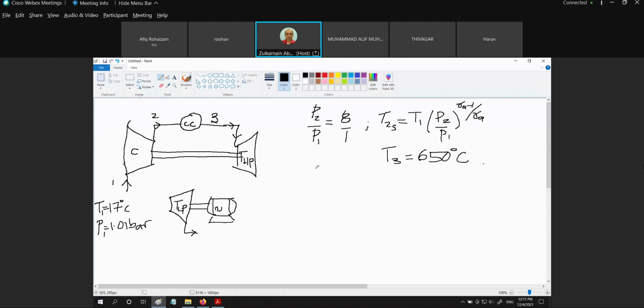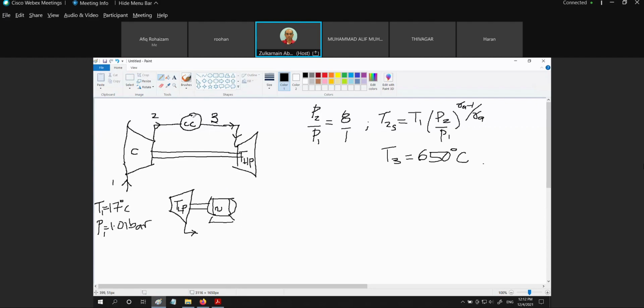And also, you must understand, if you don't have the combustion chamber right here, where are you getting the energy to run the electrical generator? Because we know that by the first law of thermodynamics, energy in is equal to energy out. If you don't have enough energy input, then how are you going to get this work?